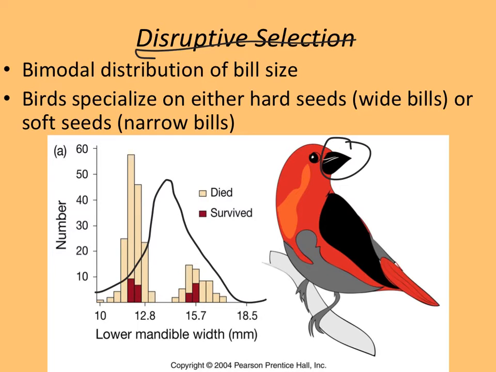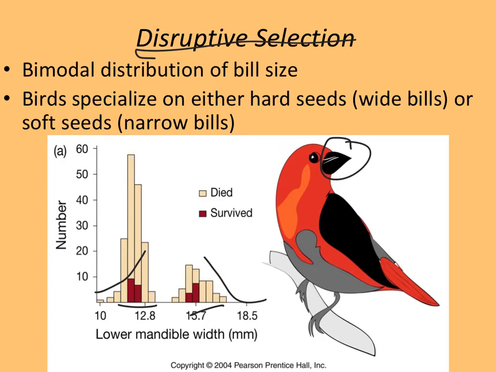Large and small, and seed size. And there might be only, let's say, lots of small seeds and lots of large seeds, but not very many in the middle. And so having an average bill size, you lose out either to individuals with really large bills up here, or really small bills. And so this is who dies.